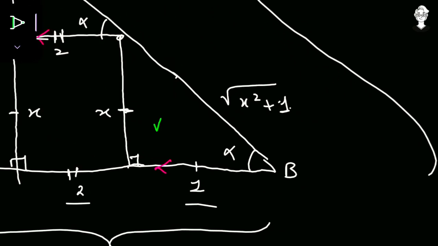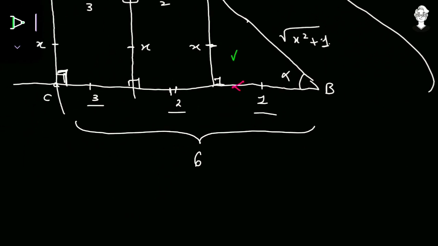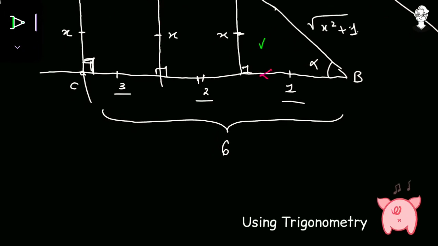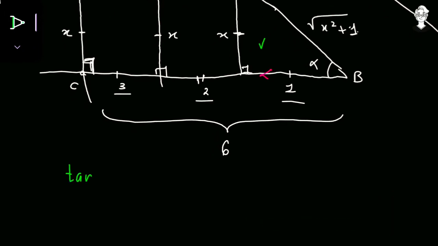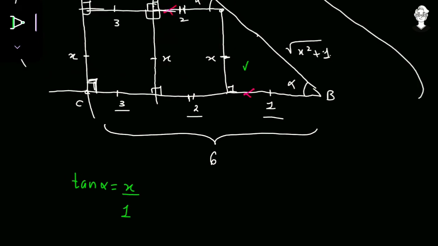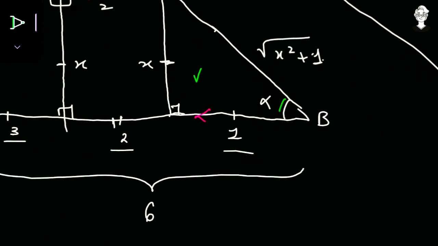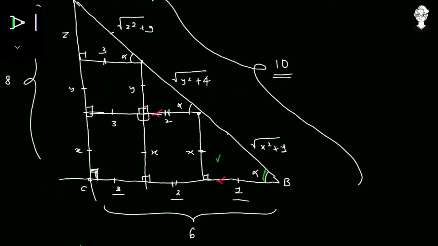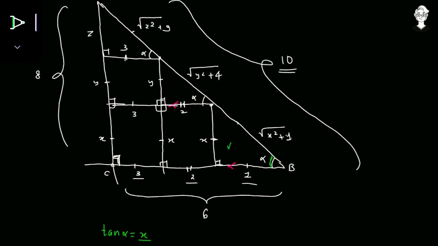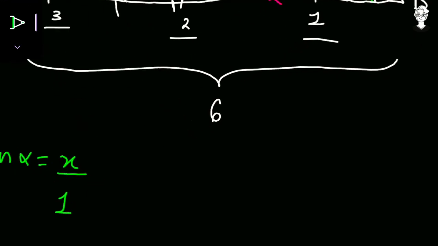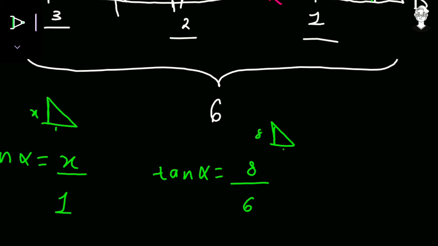First of all, in this right angle triangle, the smaller one with sides x and 1 and the hypotenuse root of x squared plus 1, the value of tan alpha is the perpendicular, that's x, over the base, that's 1. And from the same angle alpha, now take the perspective of the biggest triangle, ABC. The tan alpha now becomes the perpendicular, that's 8, over the base, that's 6.